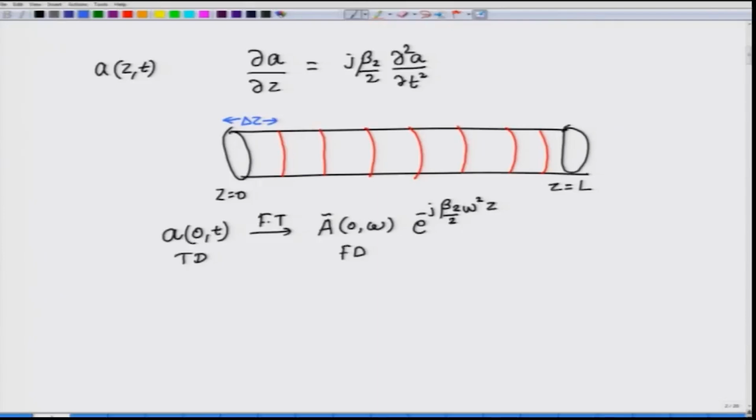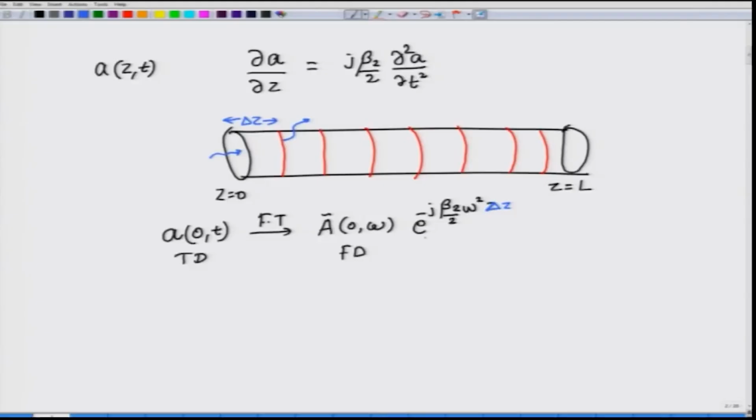And what you are actually looking at is how the pulse in the frequency domain, which starts out at say z equal to 0, will look at z equal to delta z, and to do that, instead of multiplying it by z, you multiply this one by delta z. So, here you go, you started off with the pulse at z equal to 0, then propagated over a distance delta z.